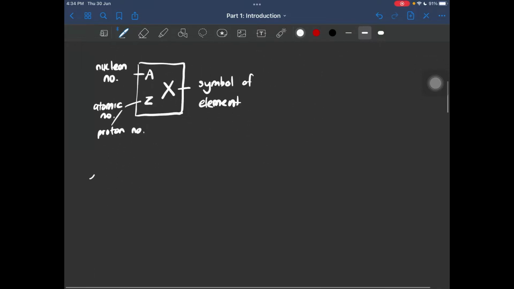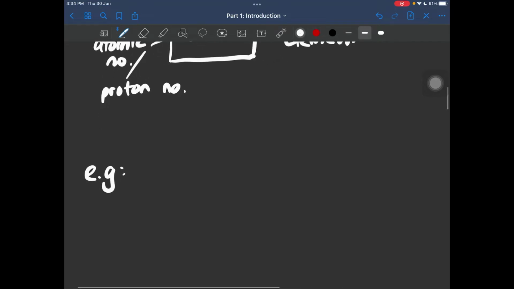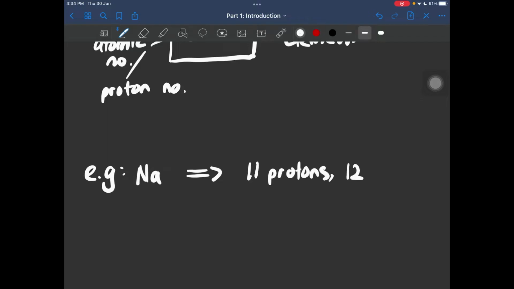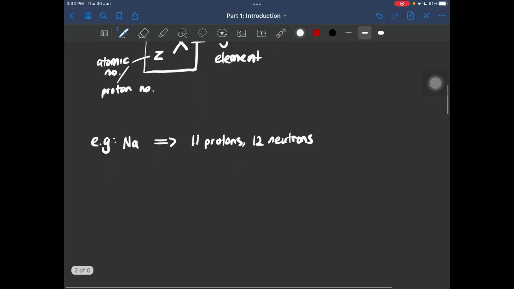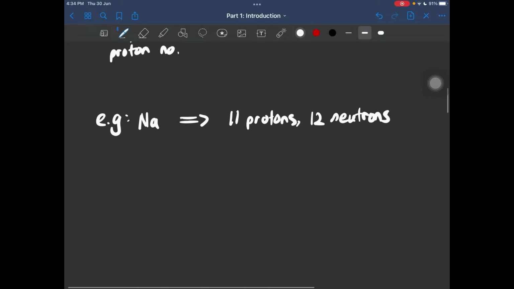So for example, let's say we have sodium. Sodium has 11 protons and 12 neutrons. If I asked you to draw the standard representation of sodium, first you have to start out with the symbol of the element, which is Na. And then you have to write the nucleon number on the upper left.